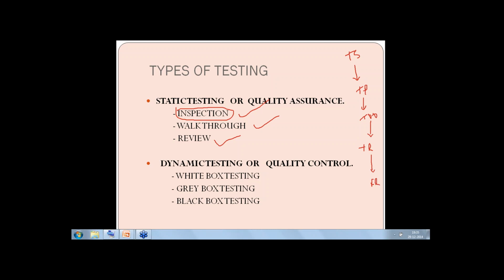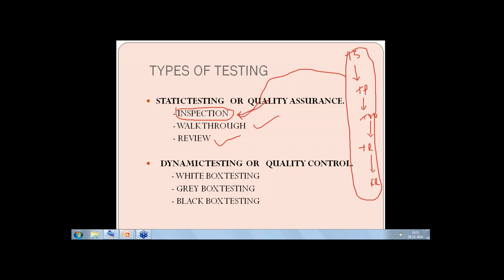All these documents will go for an inspection only when they are completely over first, or when the team wants a third party to inspect it. So inspection is nothing but a static testing process which is carried out by a third party company. And the third party company will carry out the inspection on a document which is completely over. Okay.